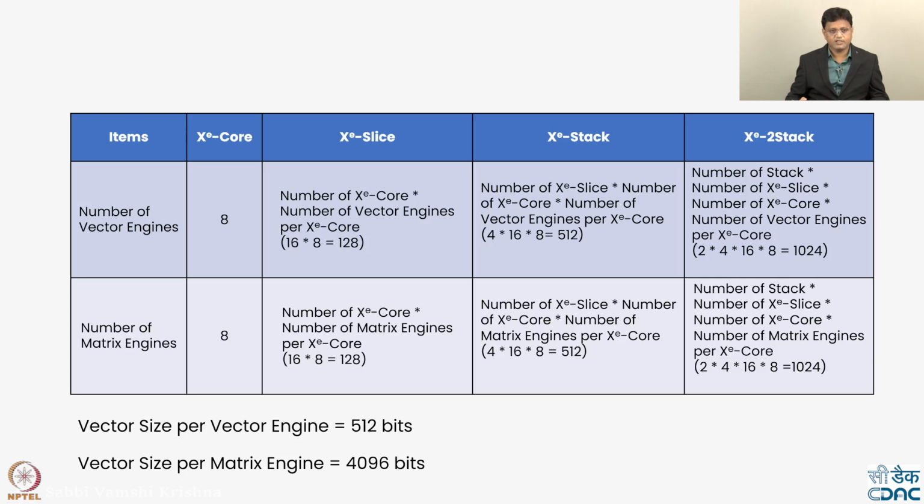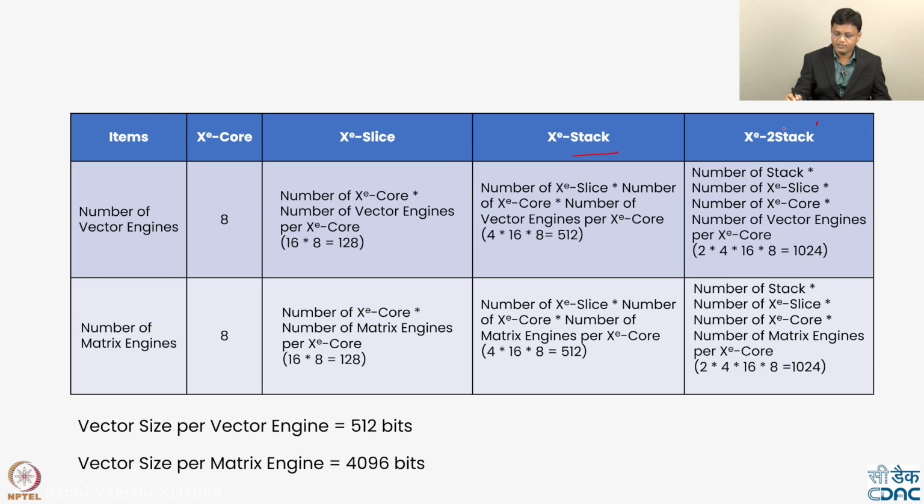So, let us discuss the number of vector engines that are present in Xe core, in Xe slice, Xe stack and Xe 2 stack, and similarly I will count the number of matrix engines that are present. We have seen that earlier I started with the 2 stack. The 2 stack is just a replica of the stack.